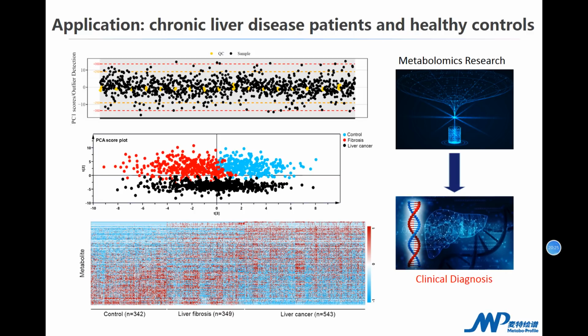The results show that metabolite concentrations were significantly altered among control, liver fibrosis, and liver cancer patients. Notably, 12 metabolites like aspartic acid, cerionic acids are abundant in control and were gradually decreased in fibrosis and cancer patients. 12 metabolites like L-tyrosine, glycolic acid were increased in liver disease patients when compared to healthy control.